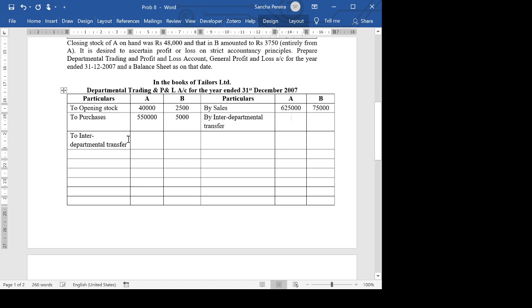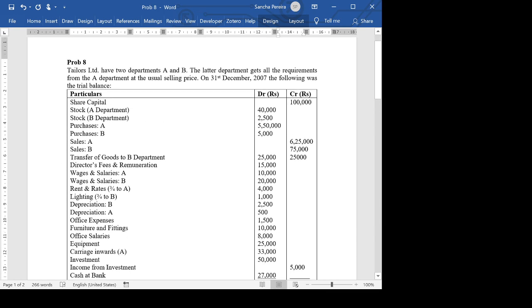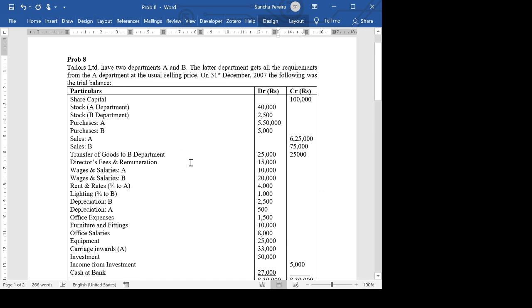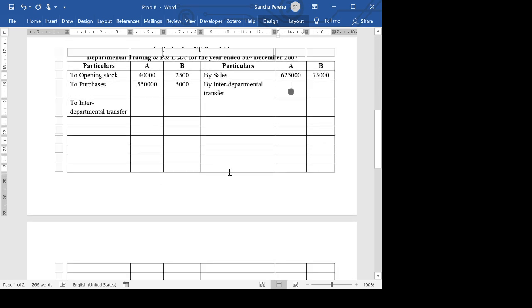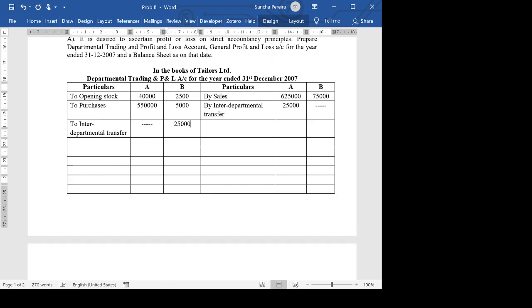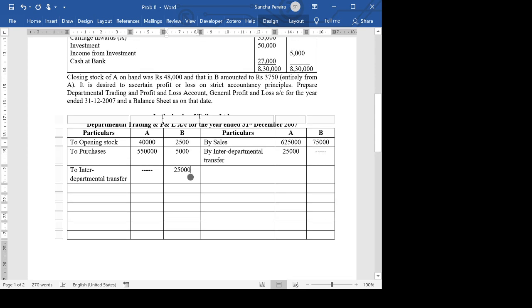Now who's transferring to whom? We have seen that transfer of goods to B department. So A is transferring to B. So for A it is like sales, 25,000, and for B it is like purchases. I told you that selling price makes no difference here. Here we record the transfer as it is, as the amount is given to us.